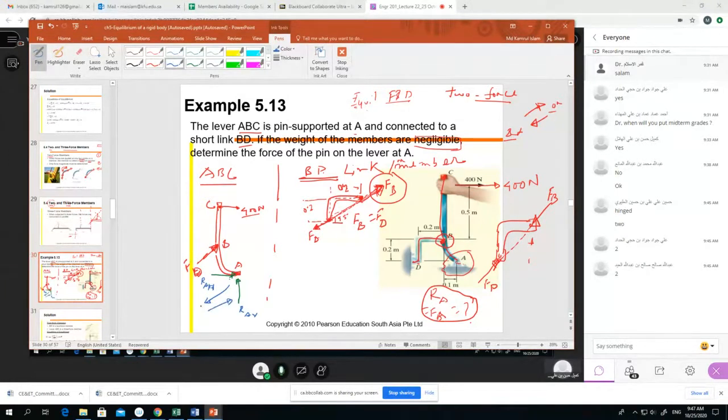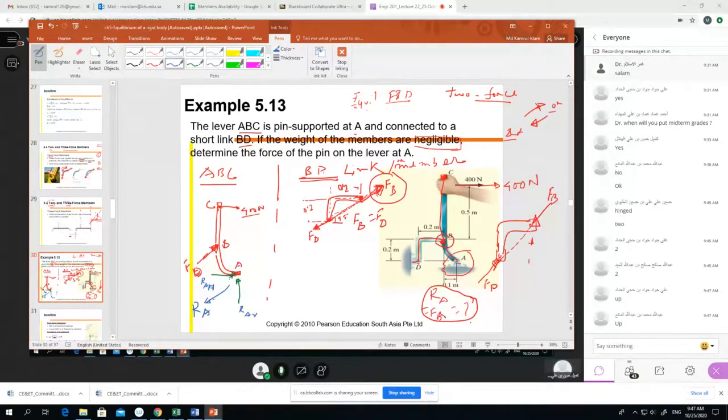Tell me, upward or downward? Up, right? Fine, up. If it is up, so we can write down it is RA. It is actually RA.